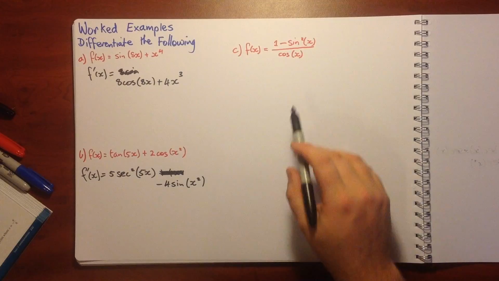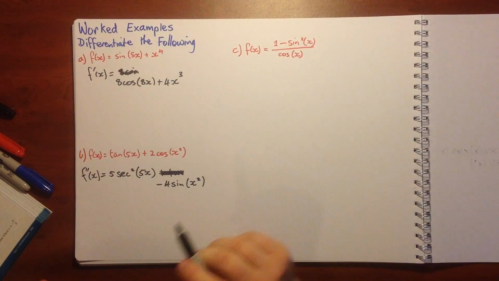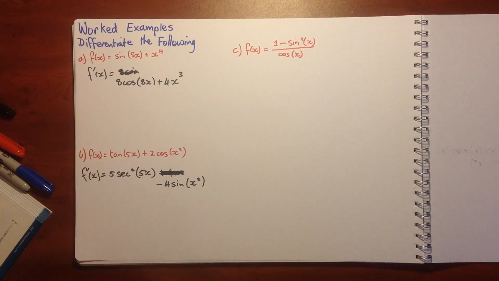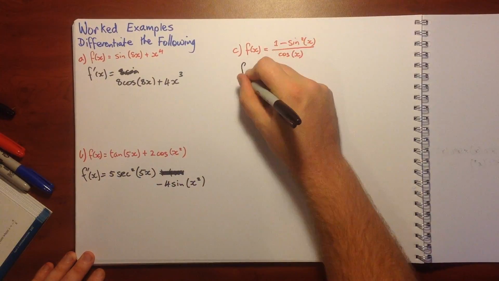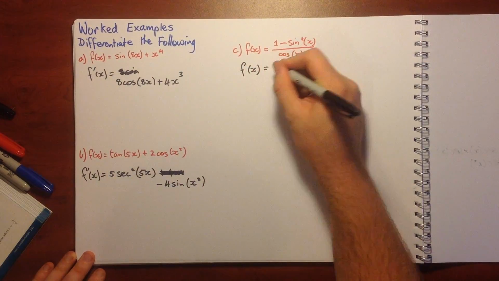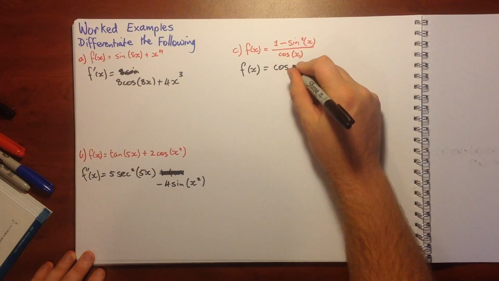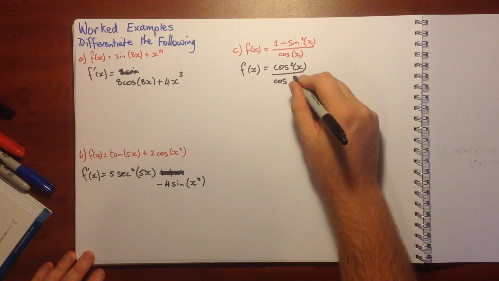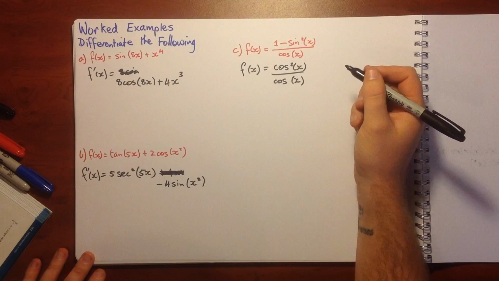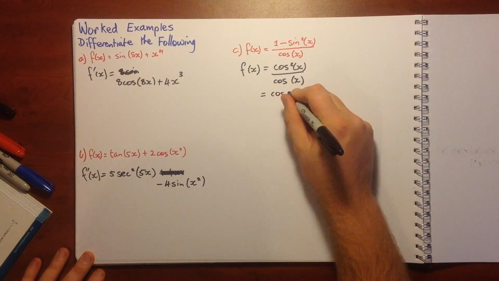With our last one here, we've got a little bit of work to do, by the looks of it, because we've got that division part there. So what we want to do is use an identity. For our f of x, 1 minus sine squared is equal to cos squared of x over cos of x, which means that's equal to cos of x.